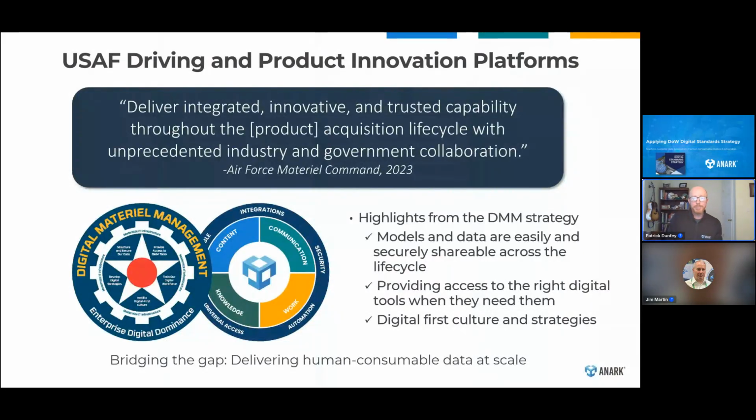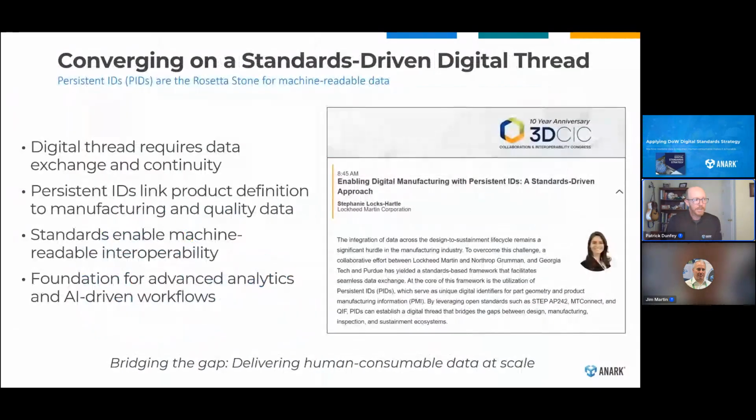Another industry example: Anark was at an event about 2 weeks ago. I saw a presentation there by Stephanie Locks-Hartle about persistent IDs and driving digital manufacturing with persistent IDs, basically bringing a standards-driven approach to mapping the data that is, well, a data lake.